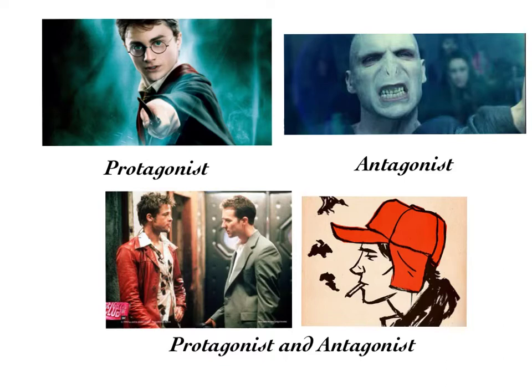Like if you take the example of Fight Club, well, there you have a case of kind of a multiple personality disorder where the character's really physically even fighting against himself. Or you can also take the example of Holden, who also does this. He kind of works against himself. He's battling himself, battling his own feelings, his own depression, his own antisocial tendencies, and so he becomes his own antagonist as well. So I just wanted to highlight that.